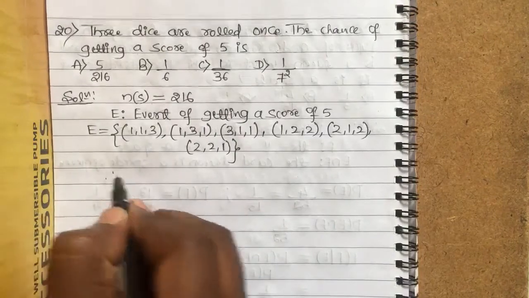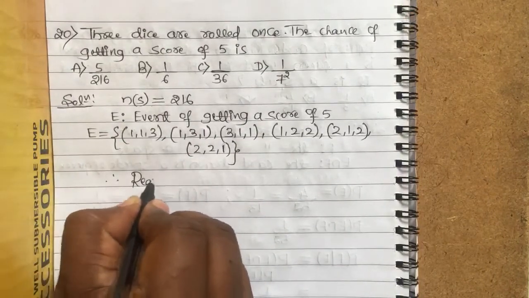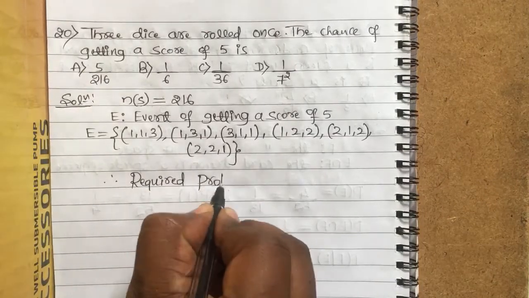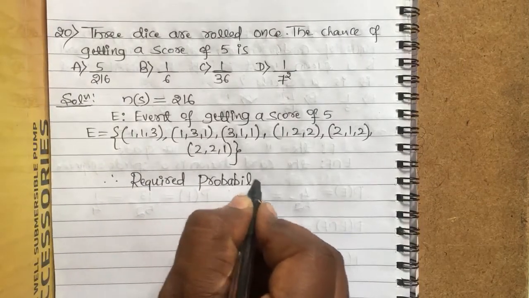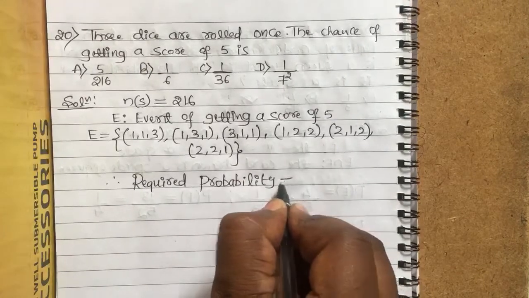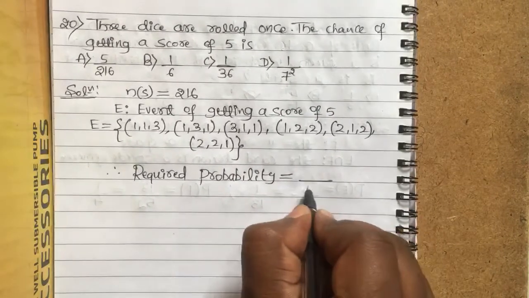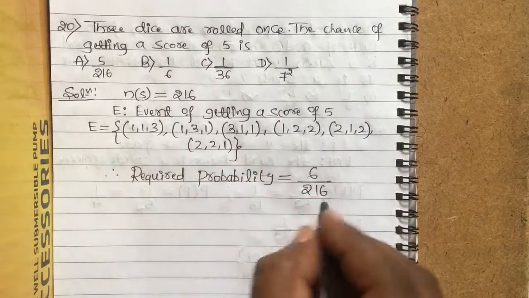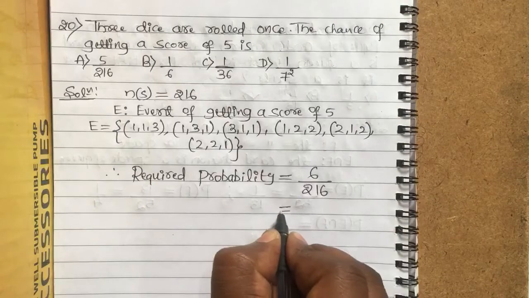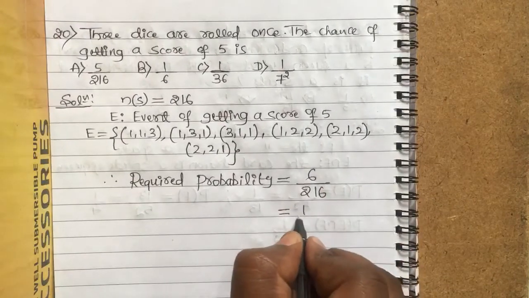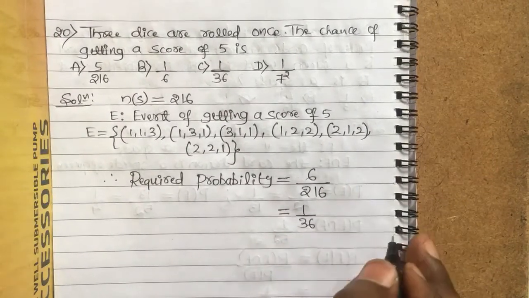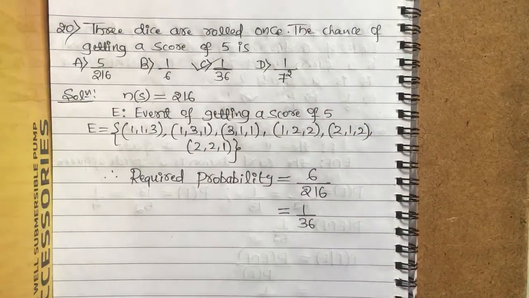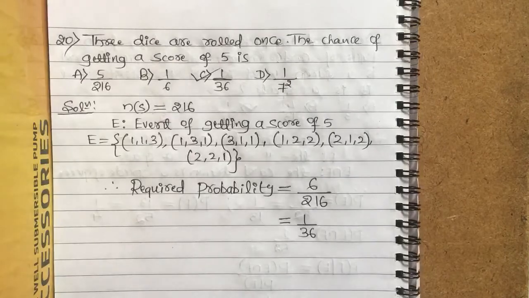Therefore required probability is, overall we have 216 outcomes. In that we have 6 favorable outcomes, simplify this, we get 1 by 36. Hence the answer is option C. So this was asked in 2015 COMEDK exam.